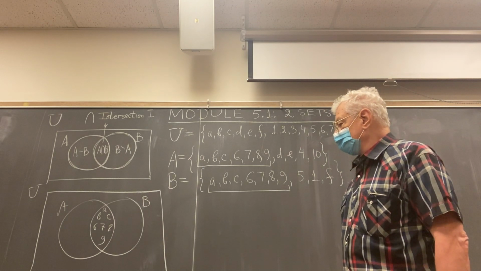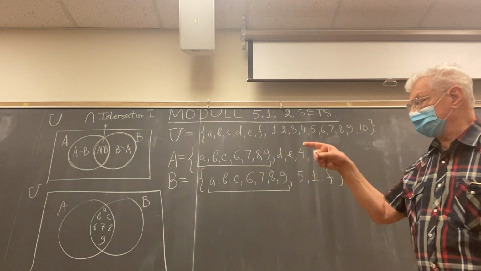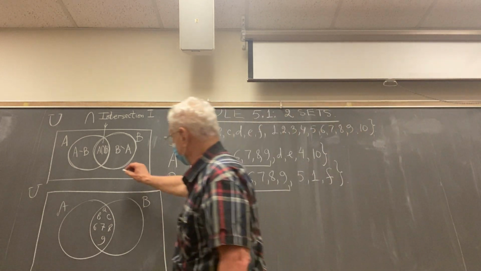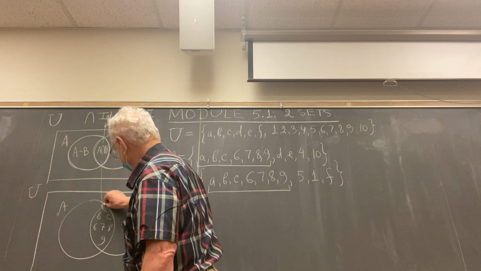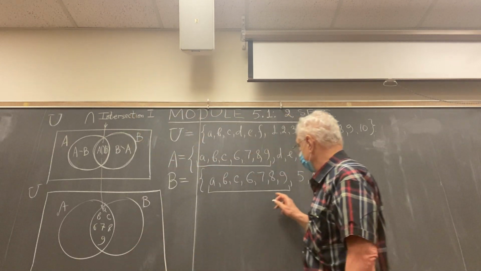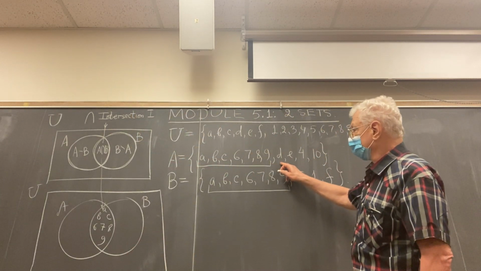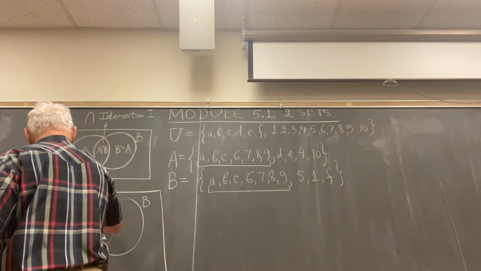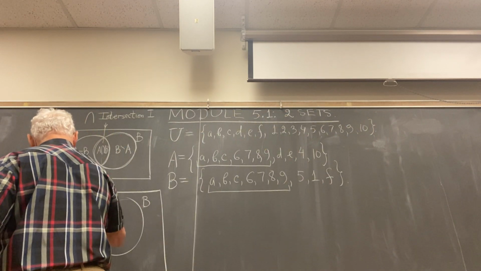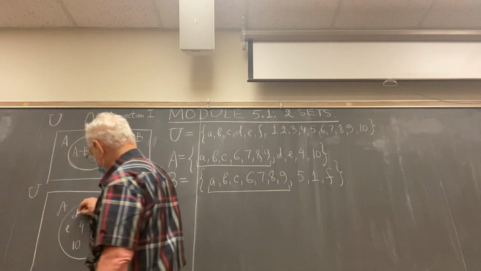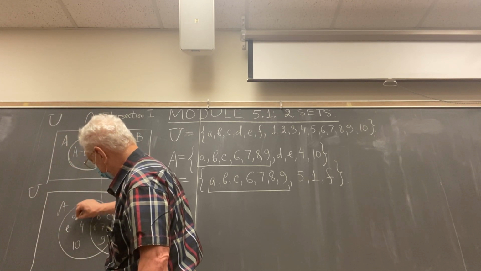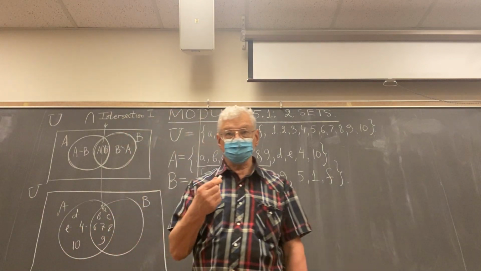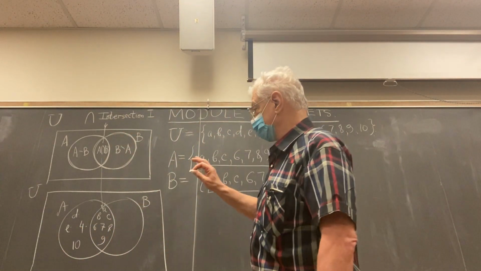Now we have to put the elements in A which are not in the intersection. That is the intersection. So what is in A only? d, e, 4, 10. Actually, I have to put points here, meaning the elements with those labels, but I just write the labels.